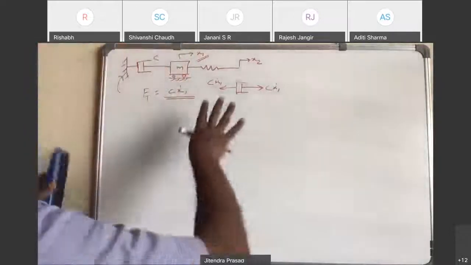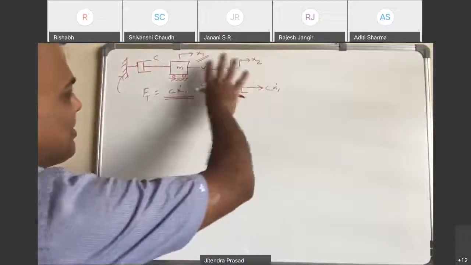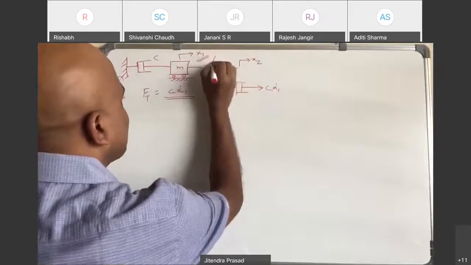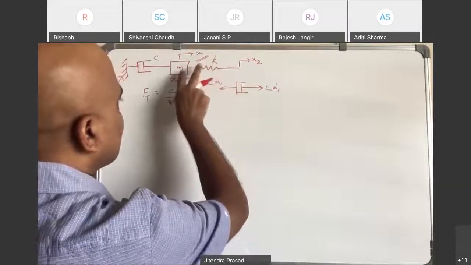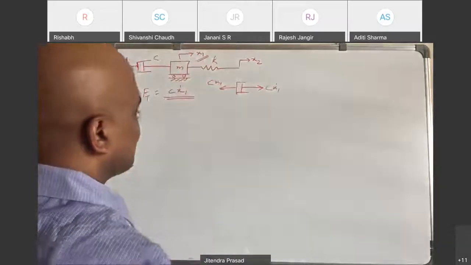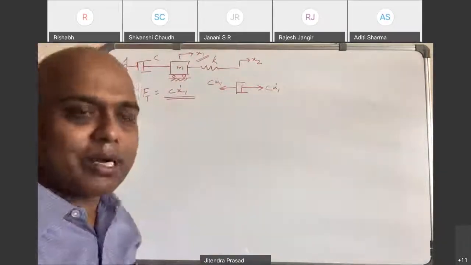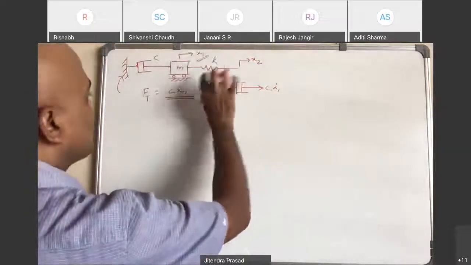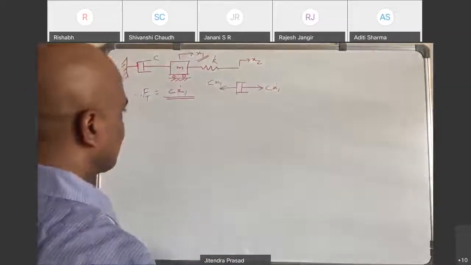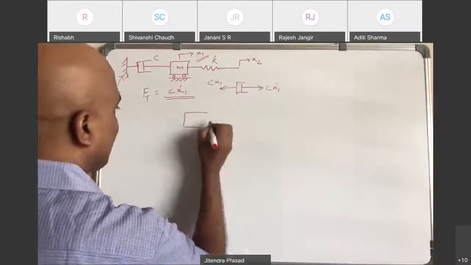Okay, how to solve this one? First of all, this is k. You have to find the equation of equilibrium, or the equation of motion, basically. So first you write this.